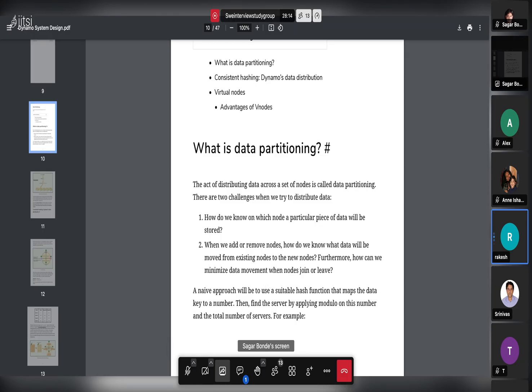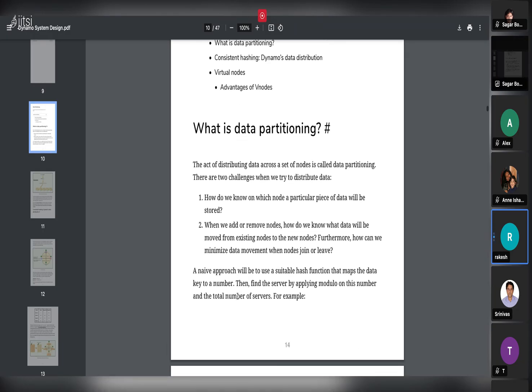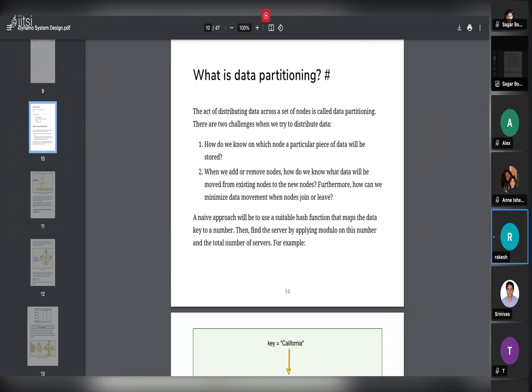A naive approach would be to use a suitable hash function that maps the data key to a number, then find the server by applying modulo on this number and the total number of servers.